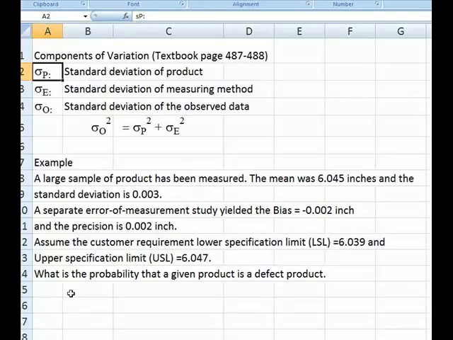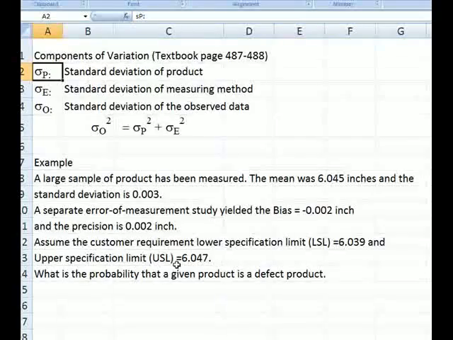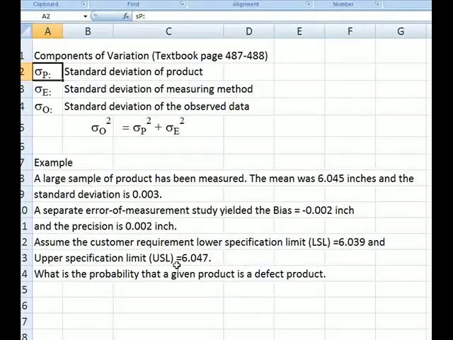Assume the customer requirement, the lower specification limit of this product is 6.039 and the upper specification limit is 6.047. So we want to know the probability that a given product is a defect product.